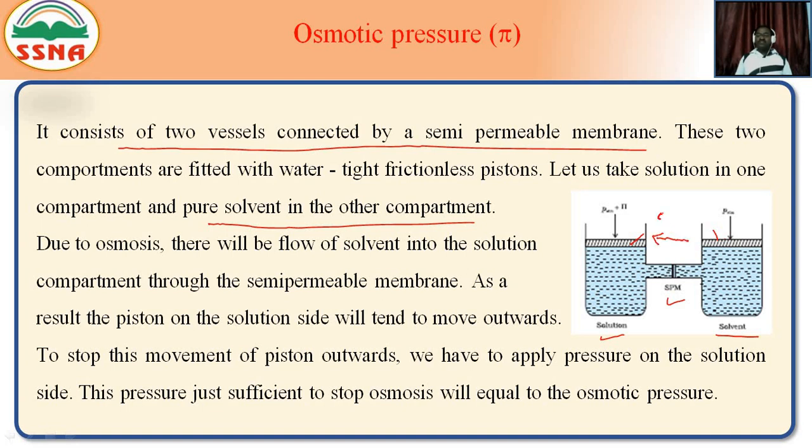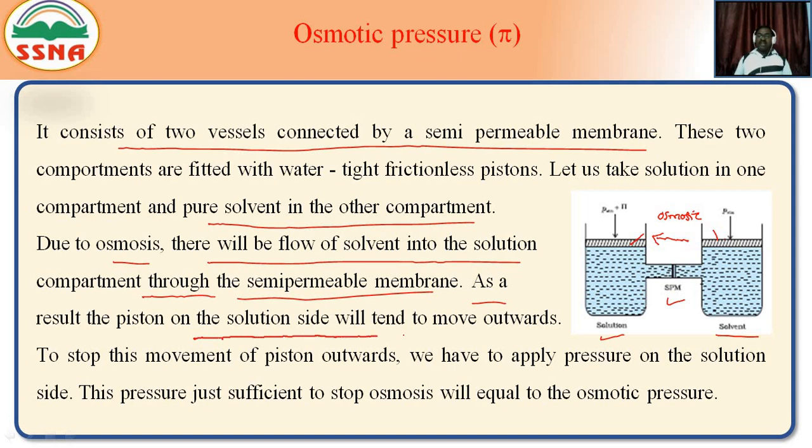That process is called osmosis. Due to osmosis, there will be flow of some solvent molecules into the solution compartment through the semi-permeable membrane. As a result, the piston on the solution side will tend to move upwards.